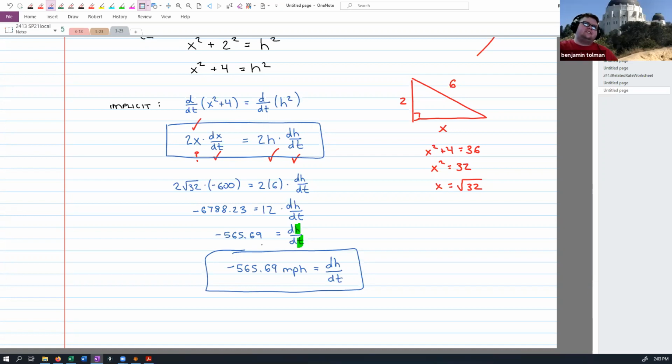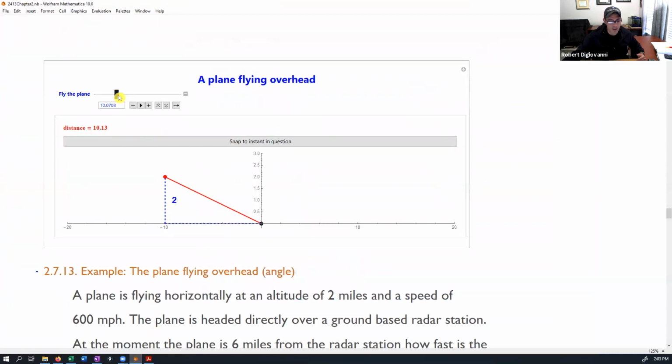Would the answer be the same if it was approaching from the other direction? Yes, it would be, but think about this at this moment in time. Where is it? Right about there. It was about 6 miles right here. At that instant, the distance between you is changing at whatever answer we got. If the plane flies over you and then goes to the other side, now the plane's moving away from you, right?